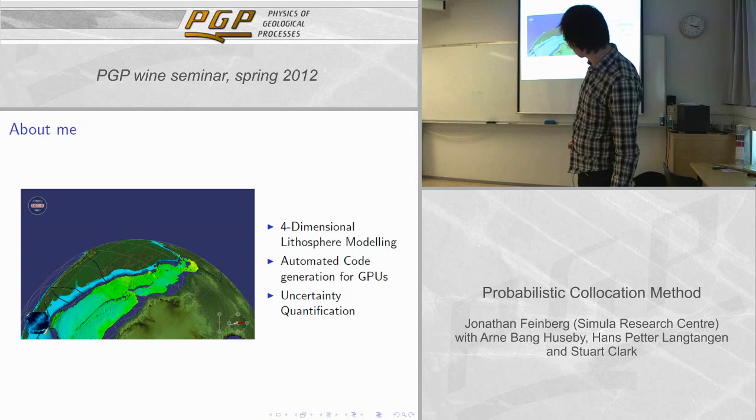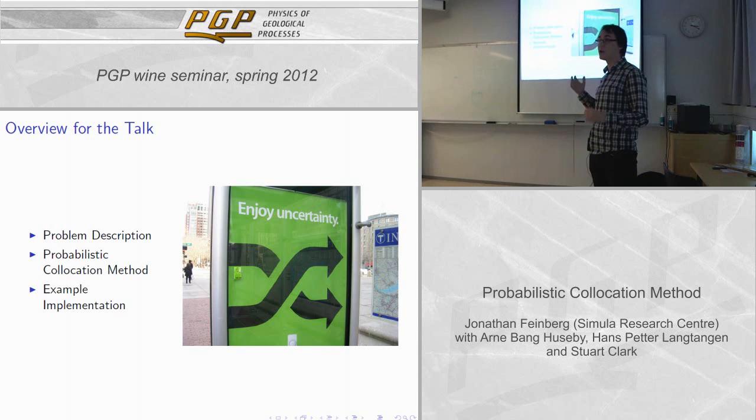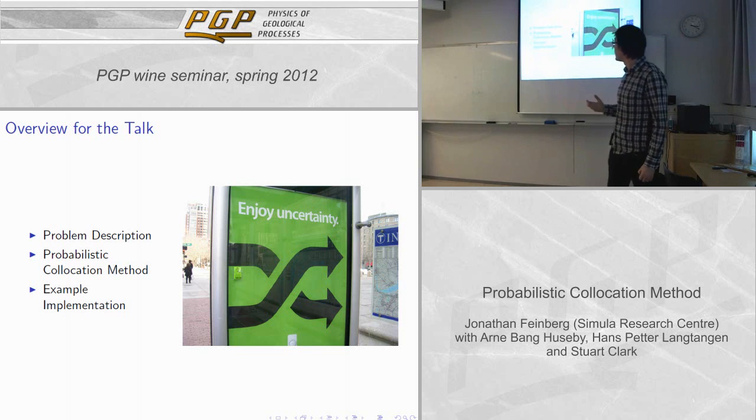So I will try to give you a little focus on the uncertainty quantification, where we are now with it. I will start by giving you a little description of the problem, so you get a feeling of what we're talking about.